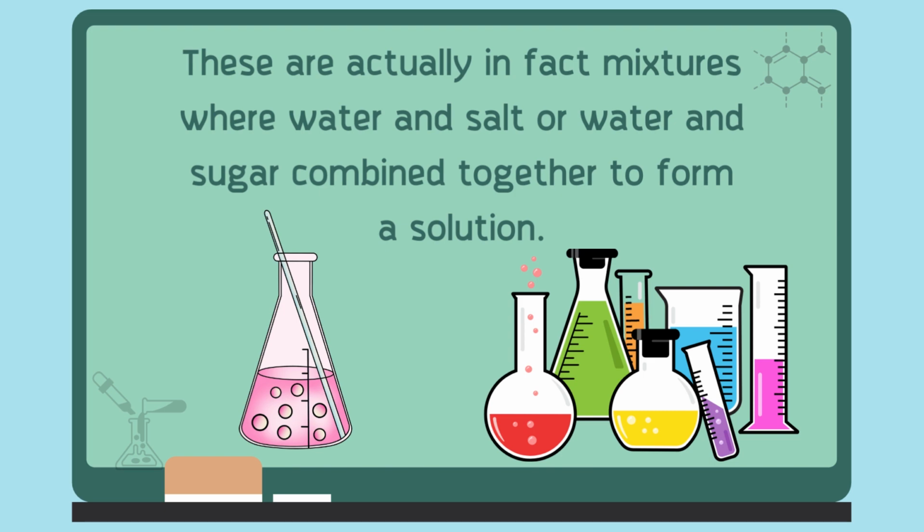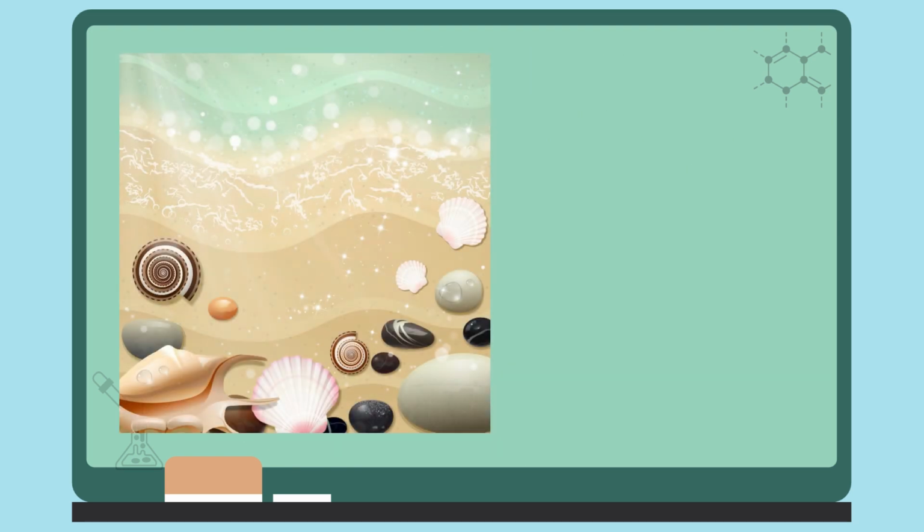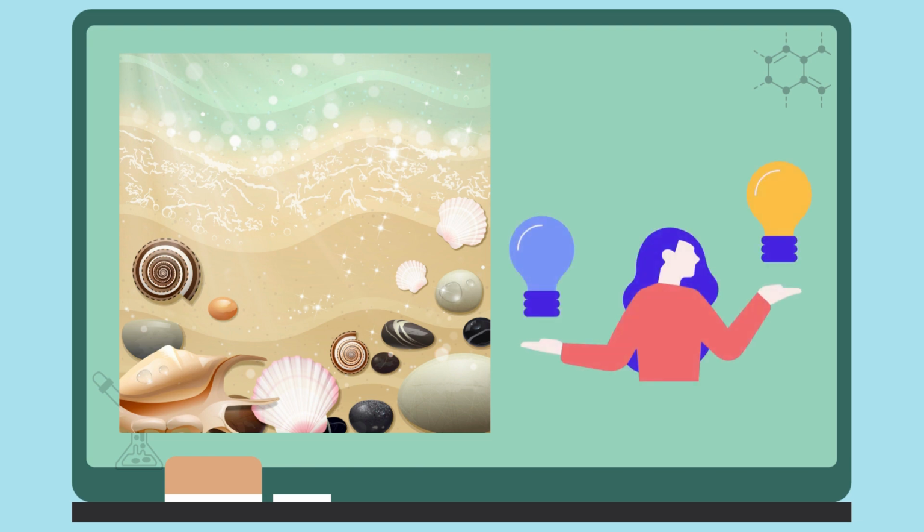Now that brings us to the further classification of a mixture. Coming to your first example, when you went to the beach and you mixed some sand and water together, you noticed that you could always distinguish between the sand and the water. You could distinguish between the particles.